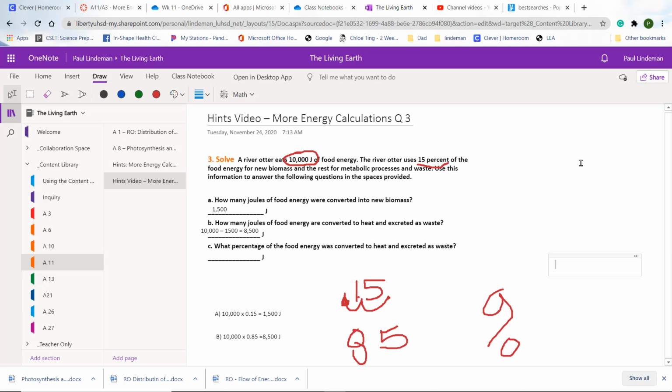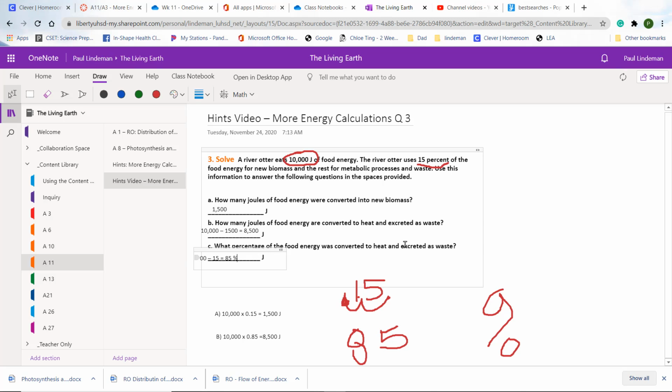So what percentage of the food energy was converted to heat and excreted as waste? We already know that was 85% because we take our 100%. We knew that there was 100% of the energy, and we subtracted from that the 15% that was used for biomass, which leaves 85% left.